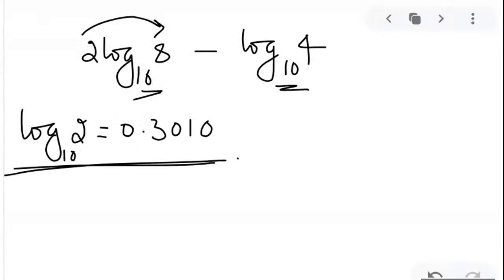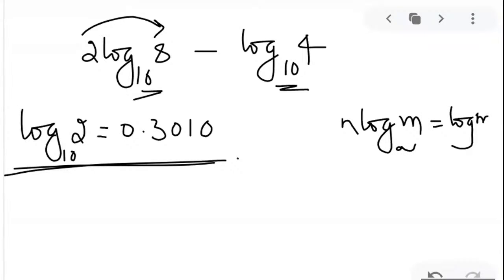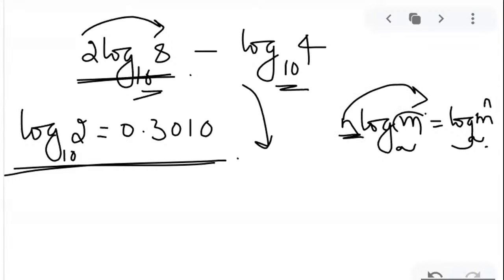So you have n log m to the base a, that is equal to log m power n to the base a. You're doing the reverse of the formula. Your product in front becomes the exponent. Tell me, what will this become?